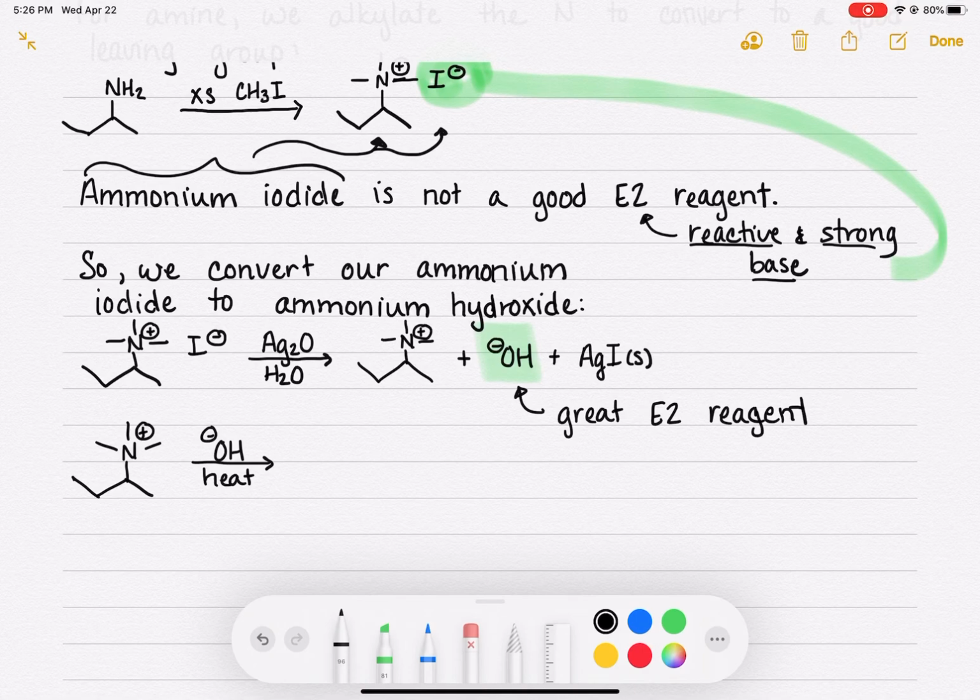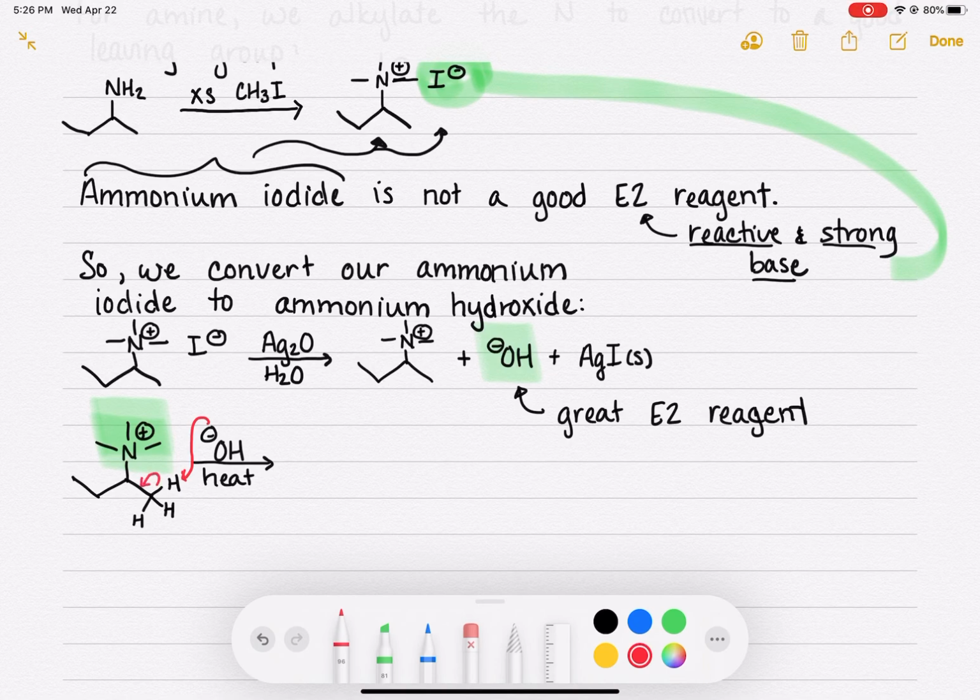And because of the steric hindrance of this guy right here, so this is very bulky, we are going to be forming the least substituted alkene, hence the whole Hofmann thing. The hydroxide is going to go after a hydrogen on a carbon that is on the outside or end of the molecule because it is more accessible.